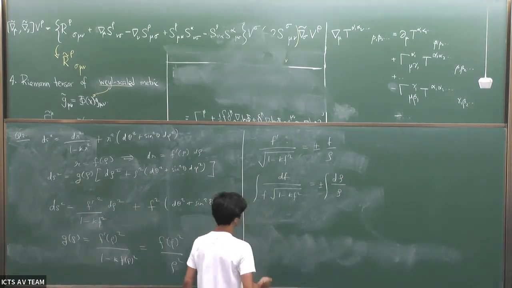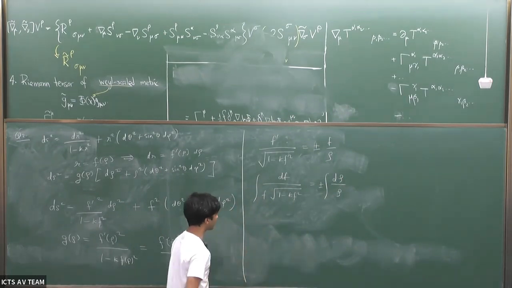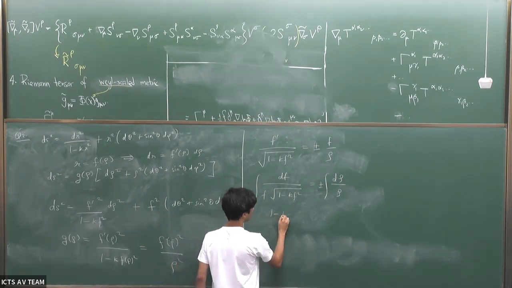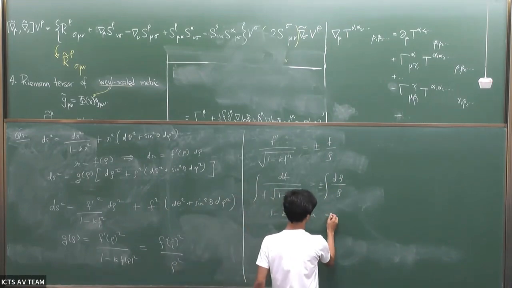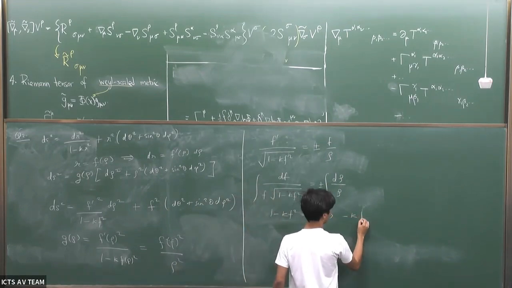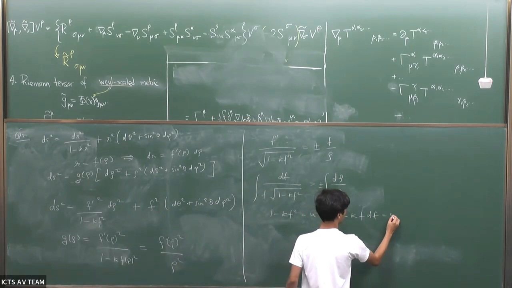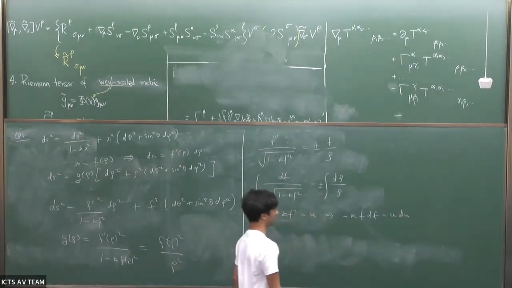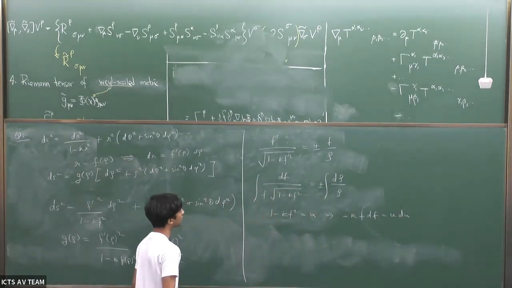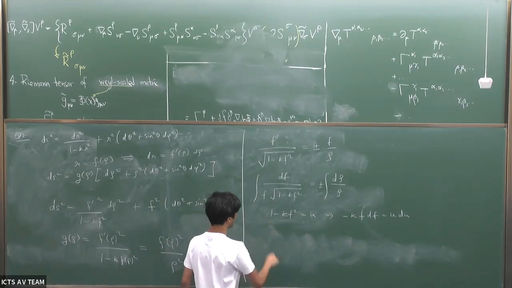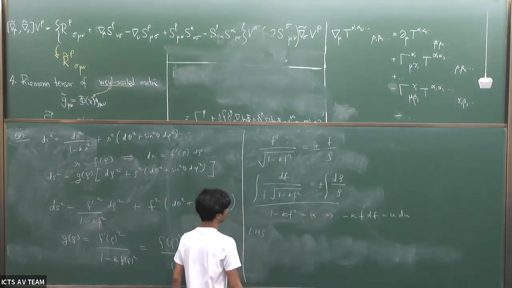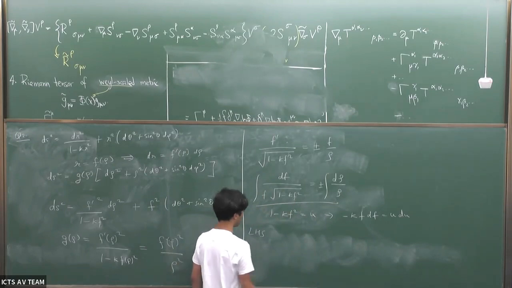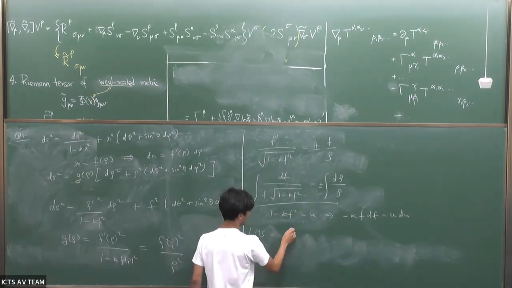Yeah. So there are many ways to integrate this. One way is to just take 1 − k f² to be some u². Then you have −k f df equals u du. You substitute that here. So the LHS of this equation just becomes the integral.